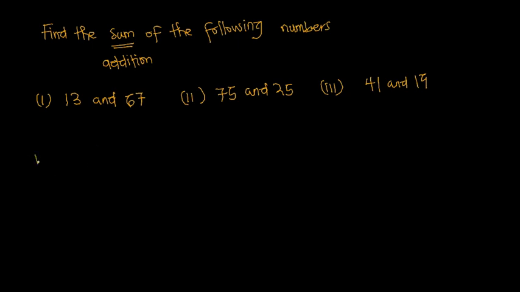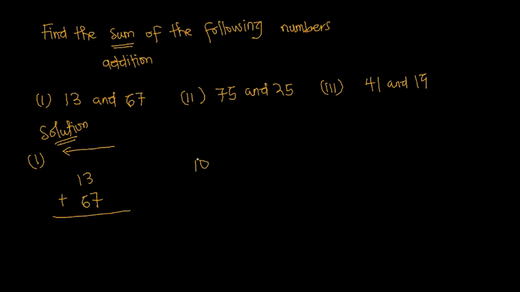So let's look at the solution. I'll write the first number given to me, which is 13. Then I write the addition sign. Then I bring 67 under it. Alright, so I start adding from my right to left. So 3 plus 7 is 10.